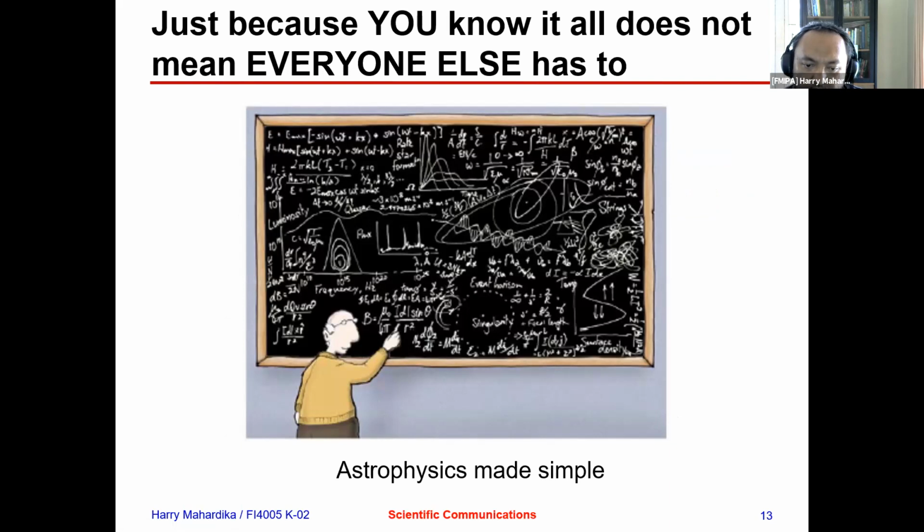So in this illustration, which shows an example of complexity in astrophysics told by a certain professor, it becomes complicated because he explained it in his own way.